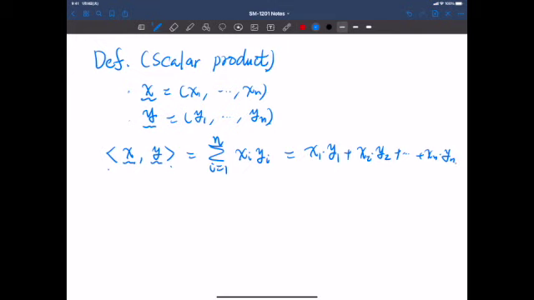So we take the product of each element, x1 with y1, x2 with y2, and then take the summation of all these elements. So that is called the scalar product between two vectors. Now finally we have defined a multiplication between two vectors, but the result is a scalar.